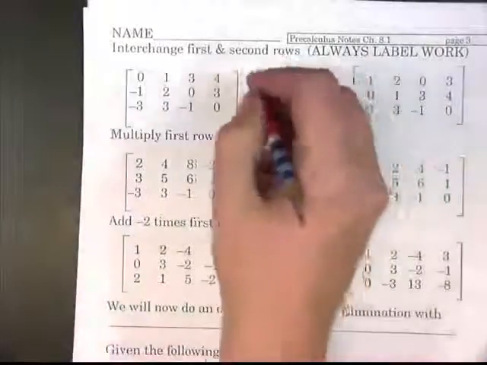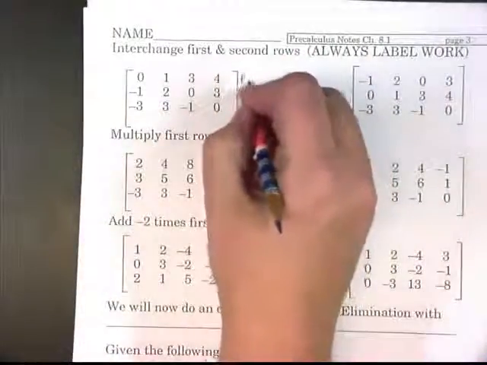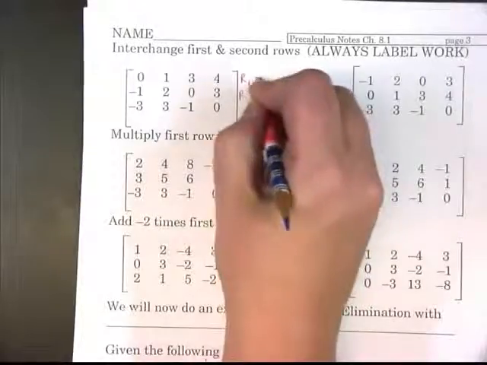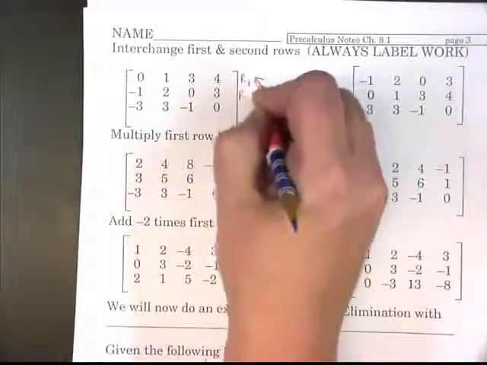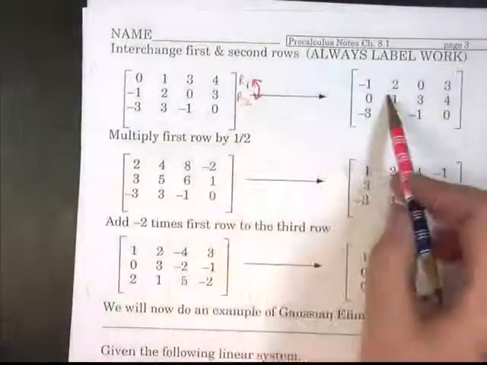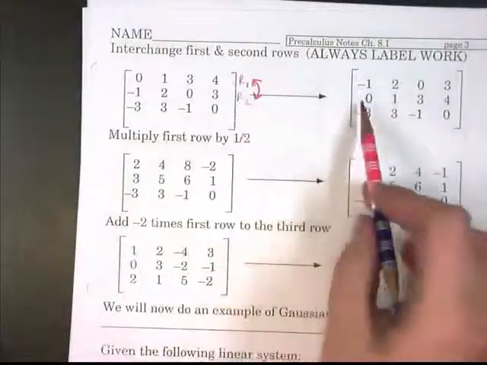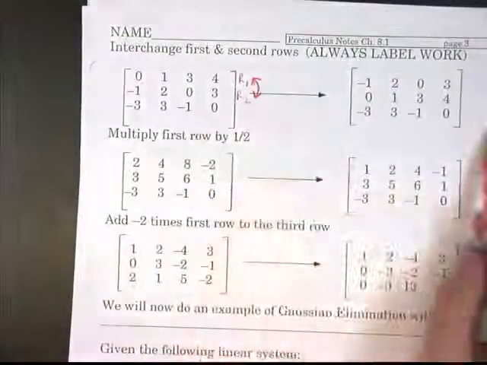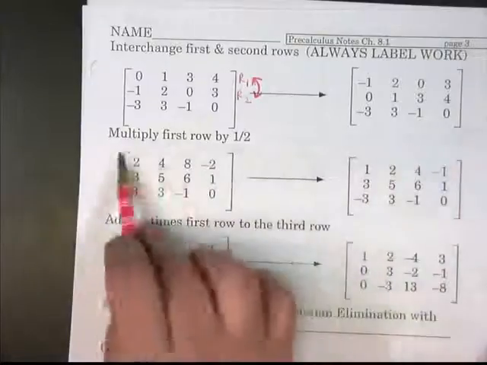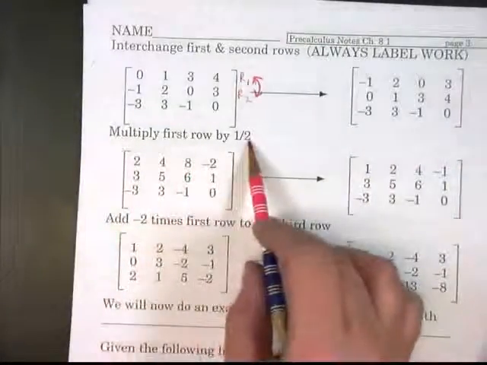What we did is we took row 1 and row 2 and interchanged them. So row 2 became row 1, row 1 became row 2, and we did nothing to row 3. Okay? Now it says multiply the first row by 1/2.